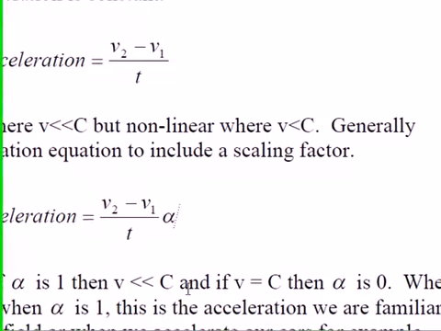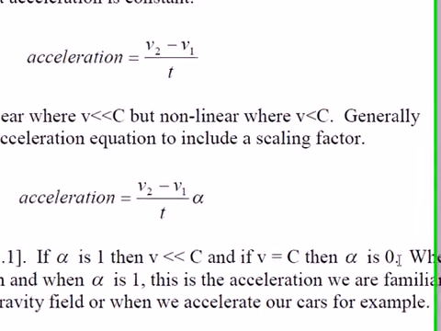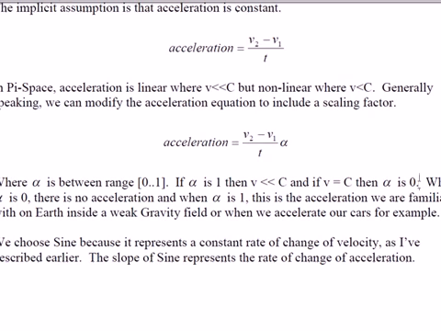So the idea behind the formula is that when you have very small values for velocity ranges, such as 0 to 20 miles an hour, such as in a car, if you plugged this formula in with the gamma value, it should come out as 1.